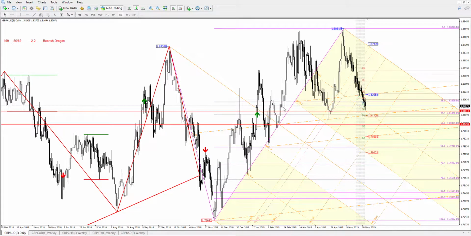Doesn't want to break 18161. And there's a line there, the 50% is from a smaller time frame. 50%, 18045. So overall, it looks quite heavy.